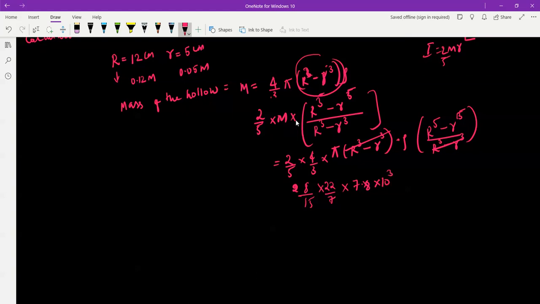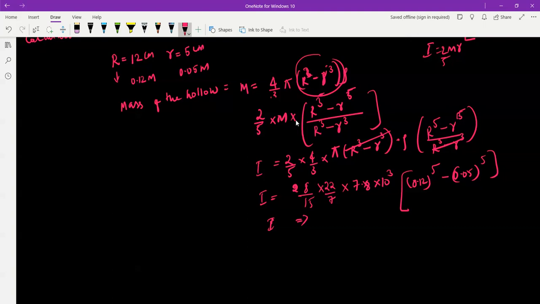Density they have given. Capital R is 0.12, so R to the power of 5 minus 0.05 to the power of 5. So just calculate it. What is the moment of inertia?